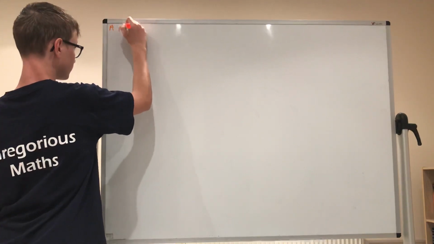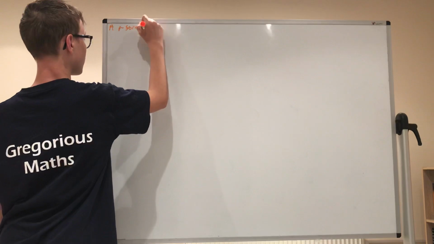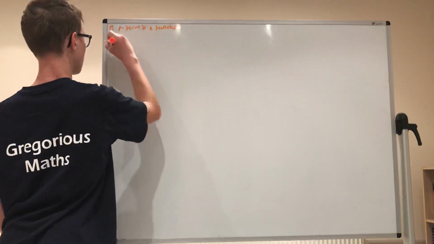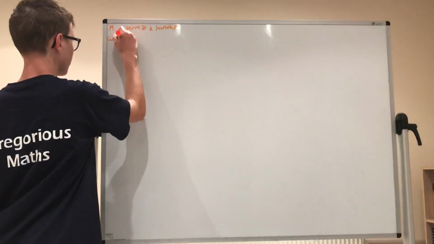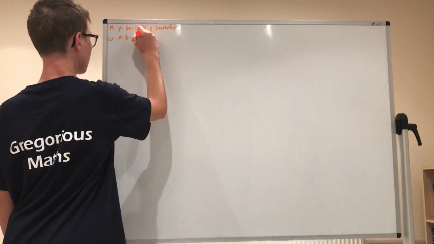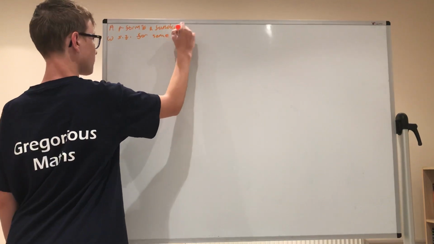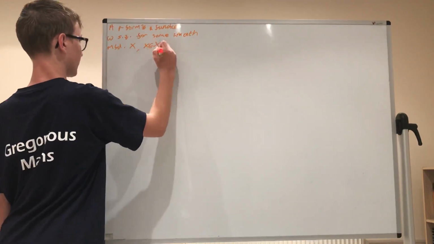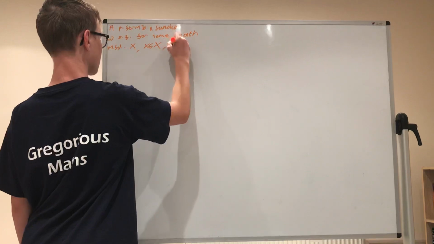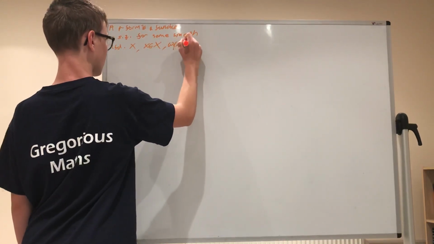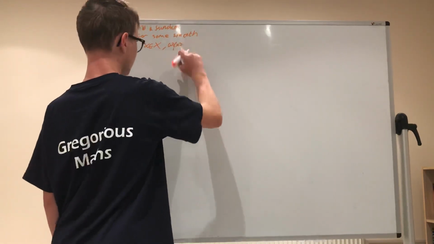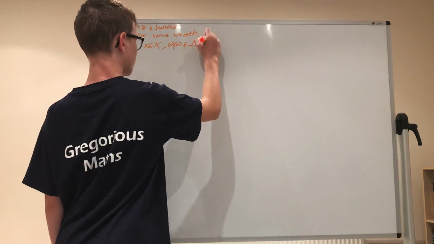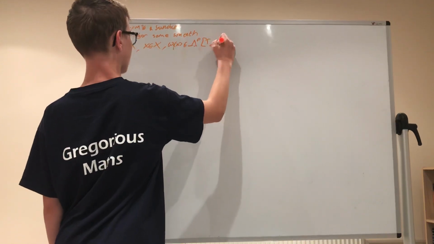A P form is a function omega such that for some smooth manifold X and some point x in X, we have that omega of x is an alternating P tensor over the tangent space of X at x.